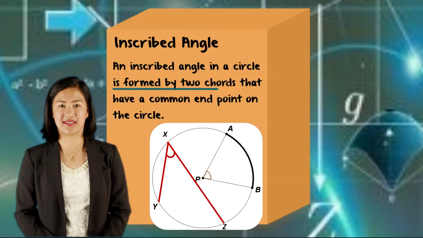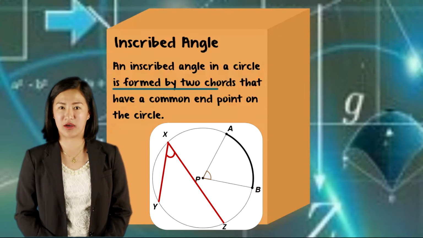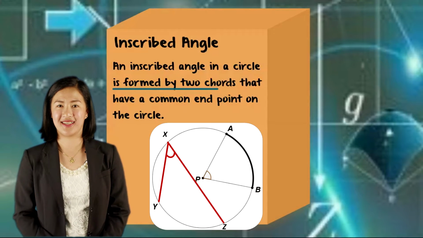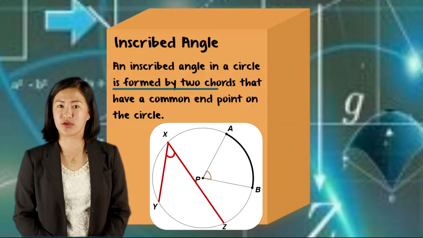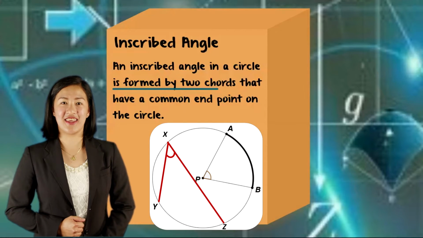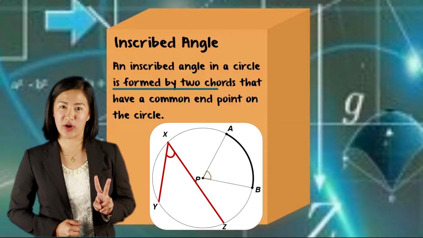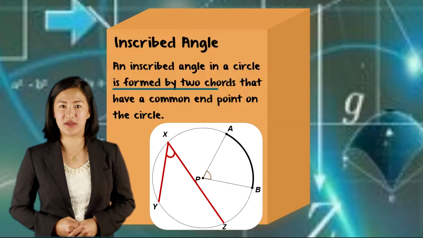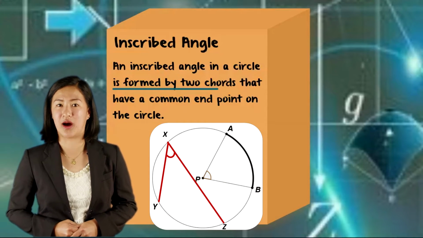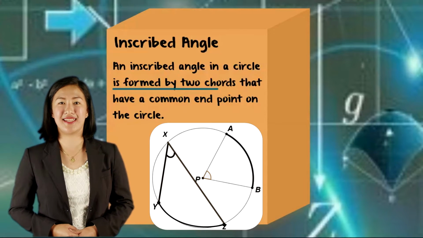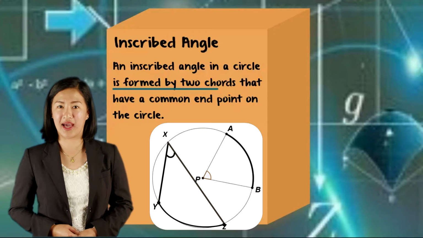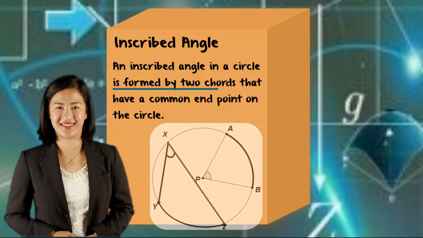Angle YXZ is an inscribed angle on circle P. This common endpoint forms the vertex of the inscribed angle. The other two endpoints of the inscribed angle define what we call an intercepted arc on the circle. Arc YZ is an intercepted arc formed by angle YXZ.